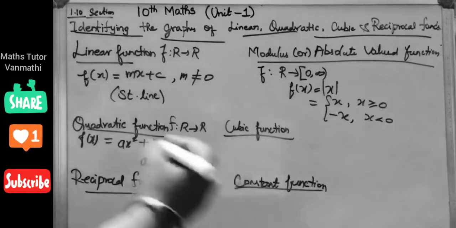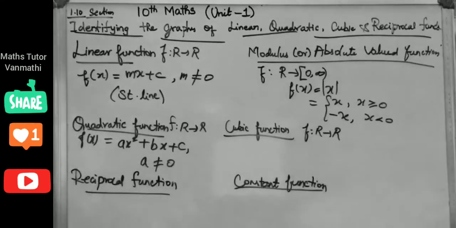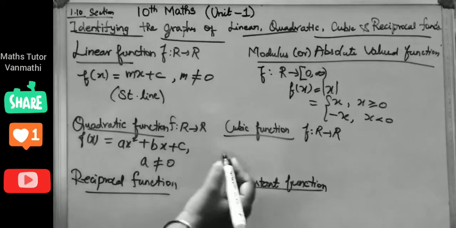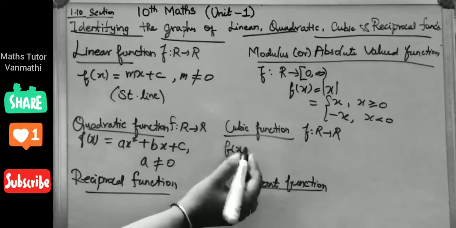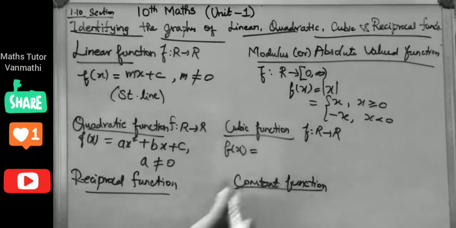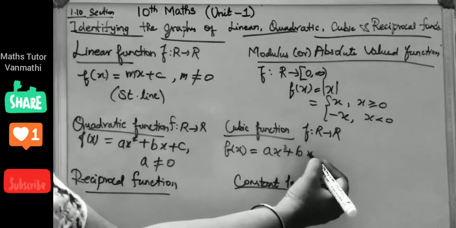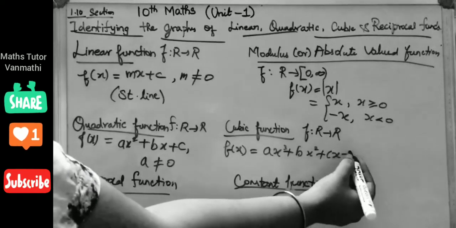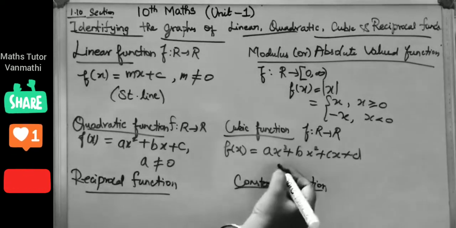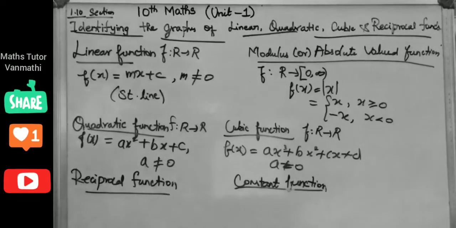Cubic function is also the same. F from R to R is defined by f of x is equal to, the word cubic itself denotes the power will be 3, ax cube plus bx square plus cx plus d. Here also a will be not equal to 0. This is the representation of cubic function.